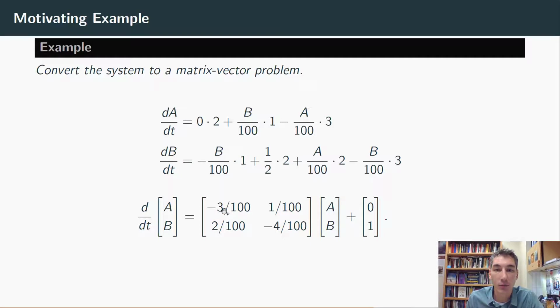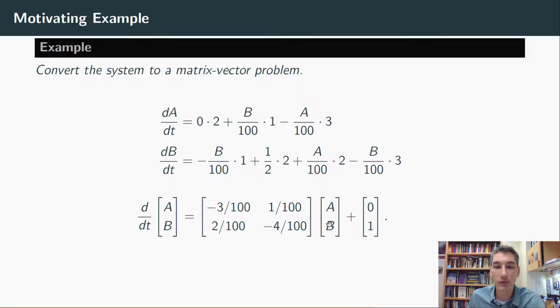Well, here's negative 3 over 100 times A. So this vector times this matrix will give you negative 3 over 100A, and 1 over 100B. Here we've got 2 over 100A, and then 1, 2, 3, 4, negative 4 over 100 times B. So that's converting it into a matrix vector problem.